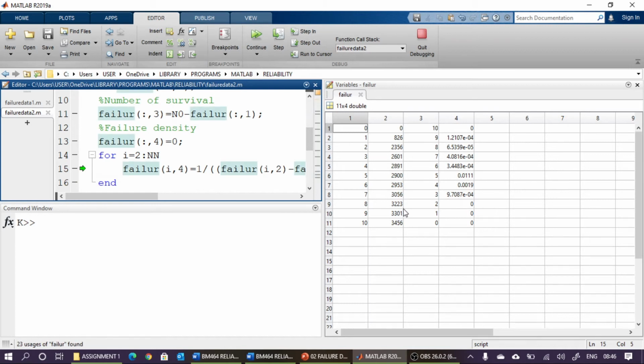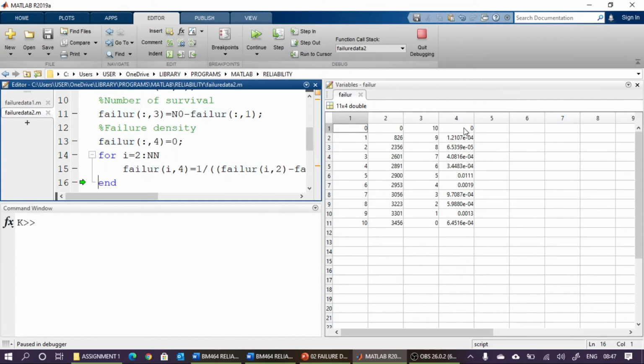Now the next one is 1 divided by 3223 minus 3056 into 10. So we have 0.00059. Now the next one is 1 divided by 3301 minus 3223 into 10. So we have 0.0013. The next one is 1 divided by 3456 minus 3301 into 10. So we have 0.0006.